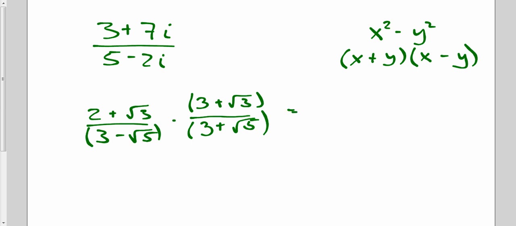Let's FOIL that out. 3 times 3 is 9. 3 times root 5 is plus, right? 3 times negative root 5 is minus. Negative root 5 times positive square root 5.